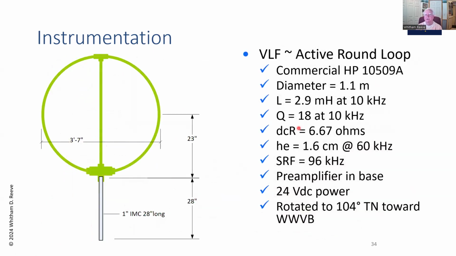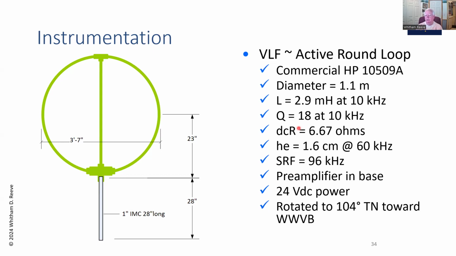This shows the loop. It's a Hewlett-Packard loop from the 1960s that I resurrected and refurbished a few years ago, 1.2 or 1.1 meters in diameter. It's got a self-resonant frequency of 96 kilohertz, and in fact, the same loop was used for 75 kilohertz applications back in its day.